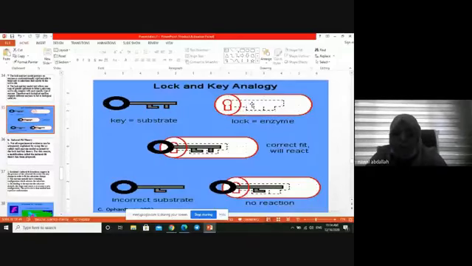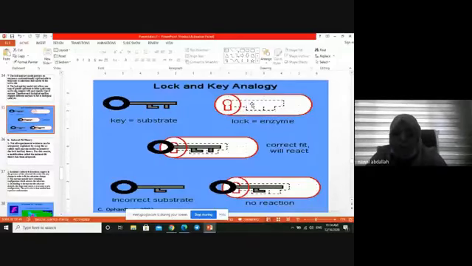So the reaction between the substrate and the active site of the enzyme produces the substrate enzyme complex.